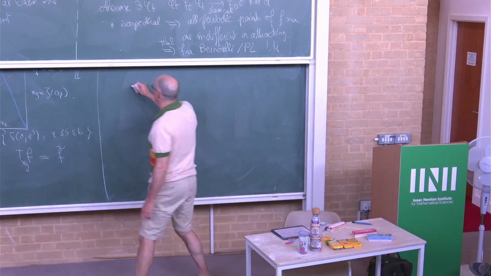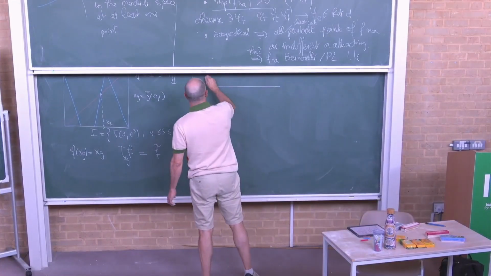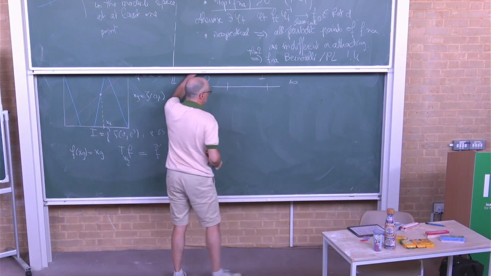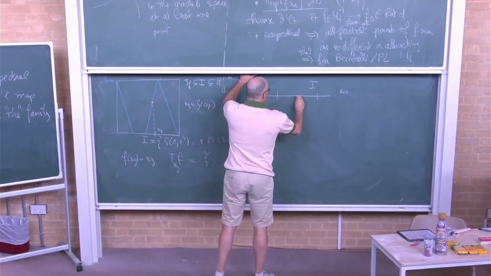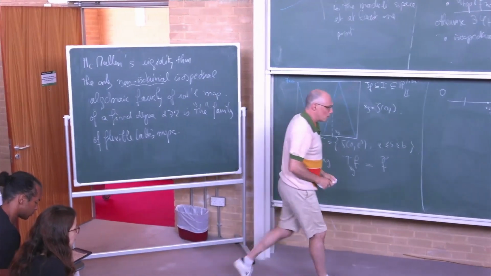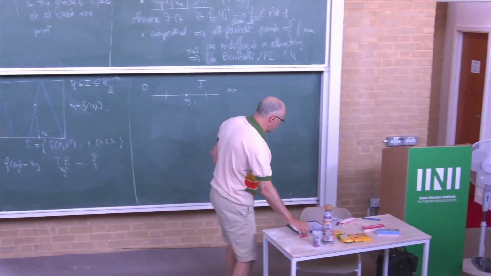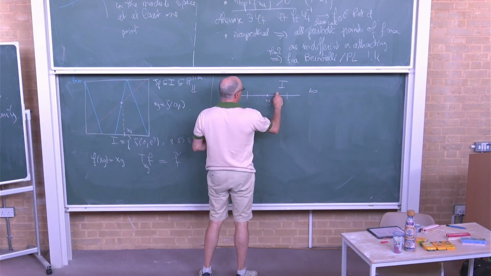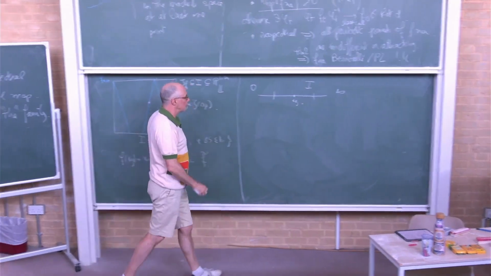It's because, so you have 0, infinity, maybe the segment I is in here, and we are looking at the point xg. The Julia set is a Cantor set in here that contains xg.